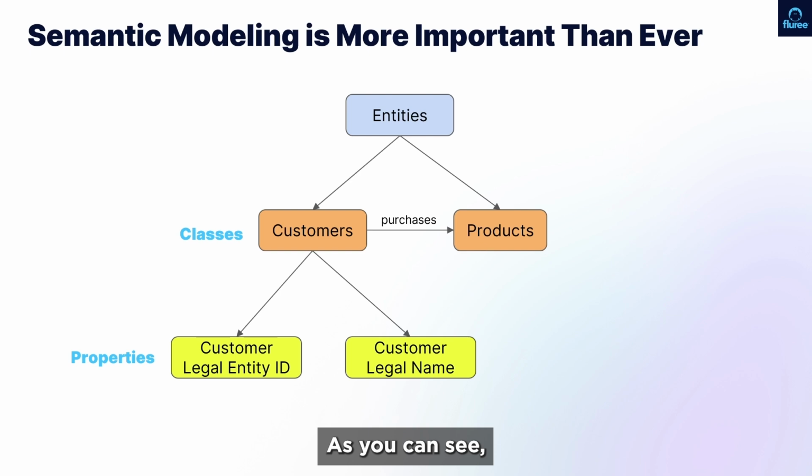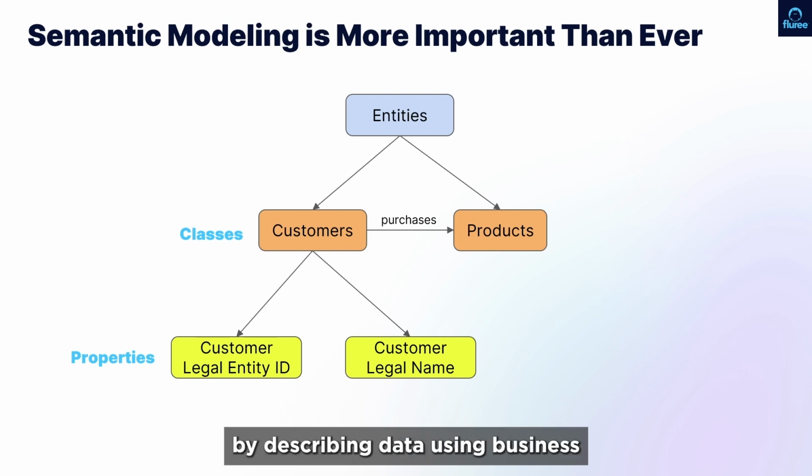As you can see, a lot of these patterns are based on having a fundamental concept of semantic modeling, which is a way to make data understandable by describing data using business terminology or terms that end users are going to understand, instead of using terms that the application schemas are designed to understand.